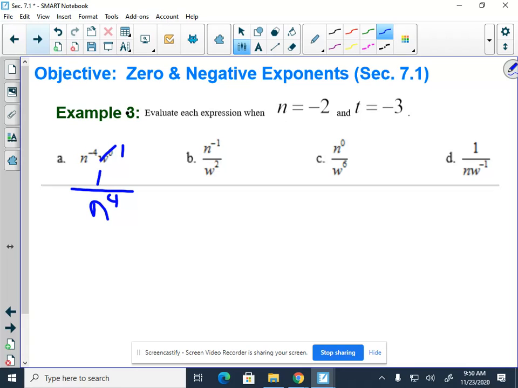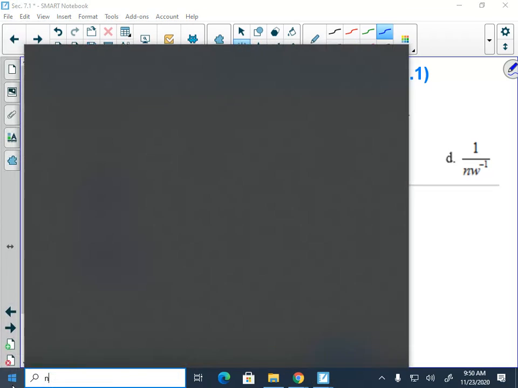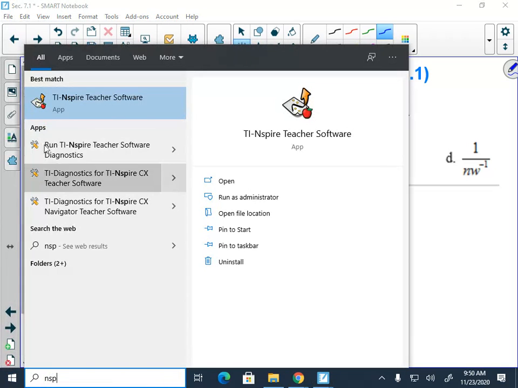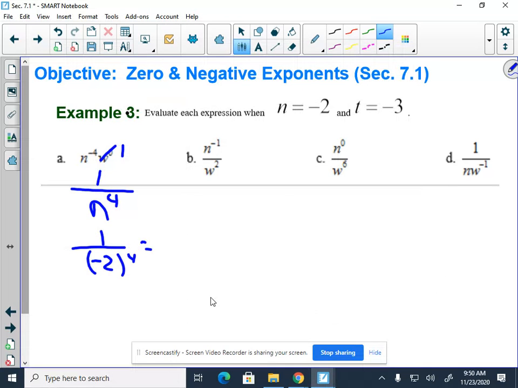It says n is negative 2. So I'm going to type that in. If you have a calculator, you go 1 over negative 2 to the 4. I'll bring up a calculator here. We'll get it eventually. I'll come back to that one while the calculator comes on.